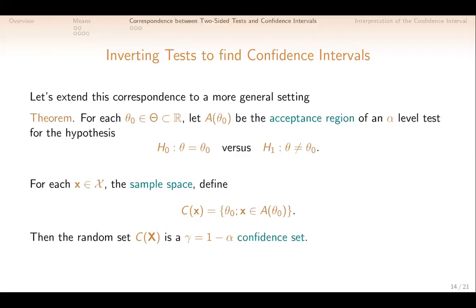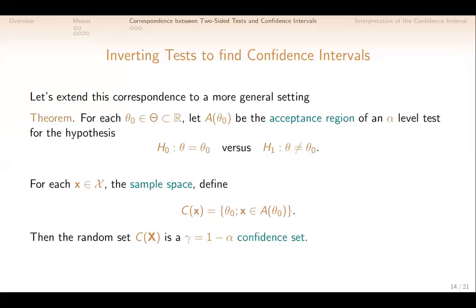Almost by definition, C of X is a gamma equals 1 minus alpha confidence set, or at least its coverage has probability gamma, right? Because given any theta naught, the acceptance region is for an alpha level test, and so you accept it with probability 1 minus alpha.